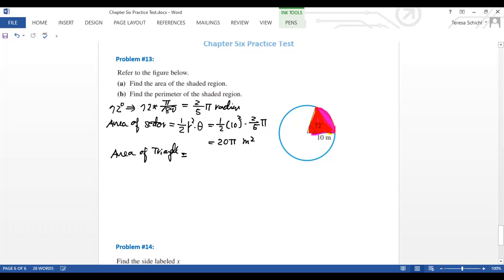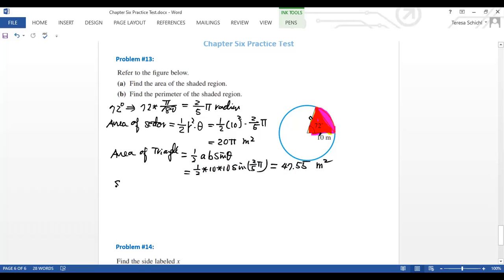Then I need to find the area of the triangle. Based on the formula of a triangle, it's 1/2 of ab sine theta. So a and b are just these two radii, right? So I can say this is 1/2 times 10 times 10 times sine of 2 over 5 pi. Put it into your calculator, you can get 47.55 meters squared.